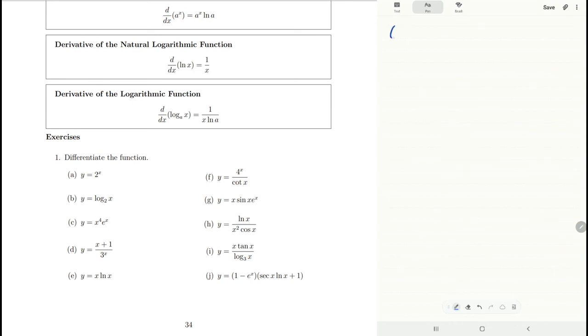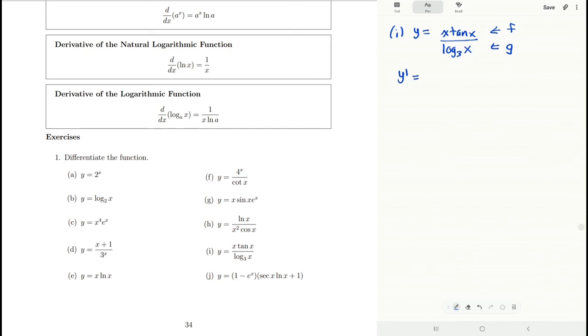In letter I, we have y equals x times the tangent of x over log base 3 of x. So here we apply the quotient rule, and while applying the quotient rule, we will also need to use the product rule. So using the quotient rule, we need to find f prime of x.